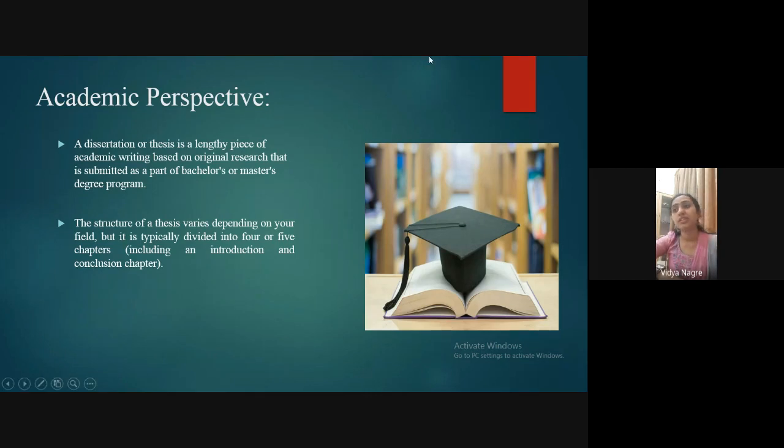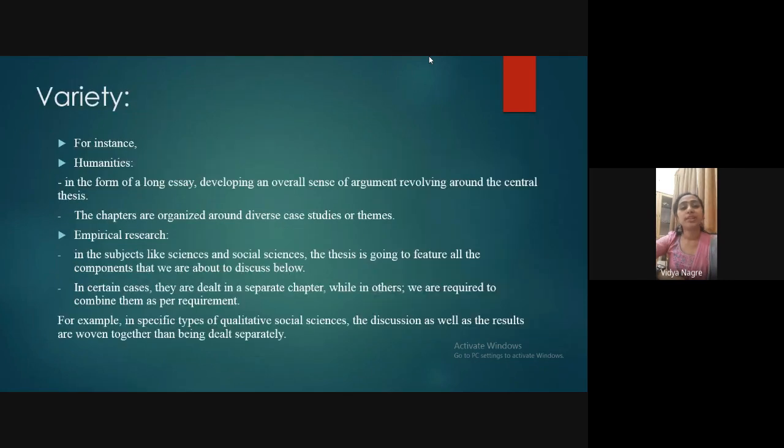The structure of a thesis varies depending on the field you have chosen. It is different in humanities, a little different in social sciences, and different in pure sciences. Next slide, please. For example, humanities thesis is usually written in the form of a long essay, developing an overall argument revolving around the central thesis.